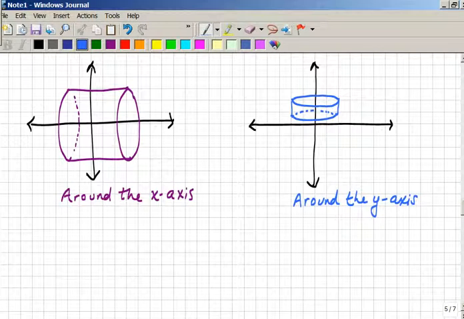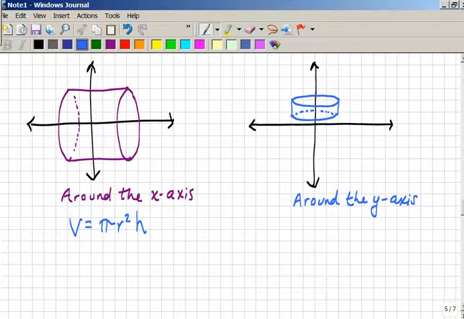Well, before we do that, let's take a look at cylinders on axes leading into volumes of revolution. The one on the left, the purple one, I've taken a cylinder and it's been rotated around the x-axis. So if you wanted to find the volume of that cylinder, again, there's only two things that you need. One of those is the radius and the other is the height. Well, the radius is countable.